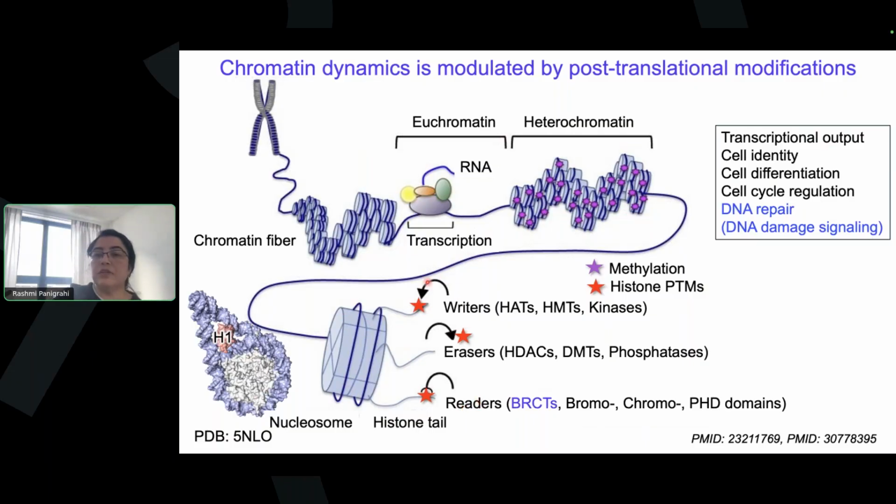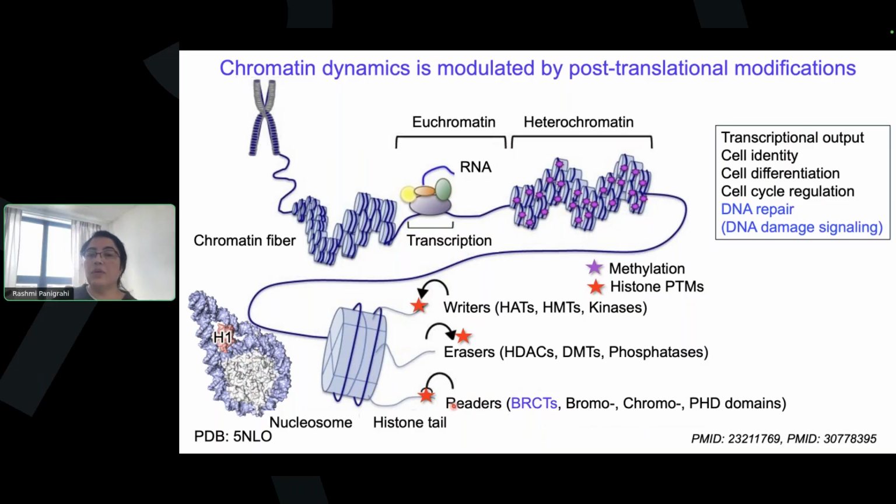They are installed by a class of enzymes called writers, and some of the examples are shown here. Once the post-translational modification is installed, they are read by specific domains of proteins called readers. The proteins of interest today are these reader class of proteins, which have a specific domain called the BRCT repeats.